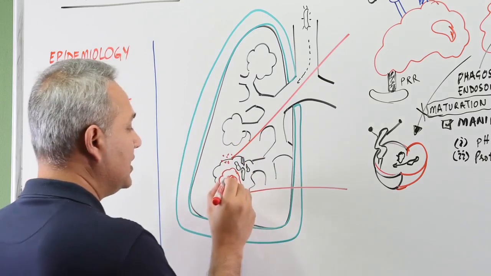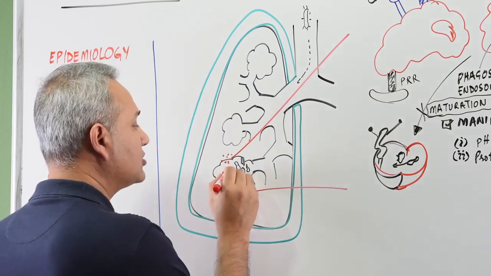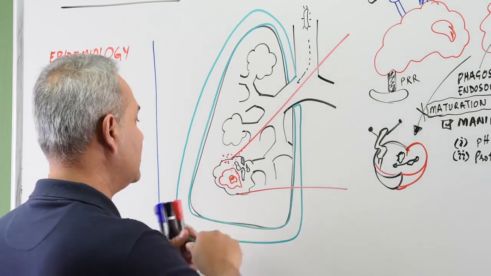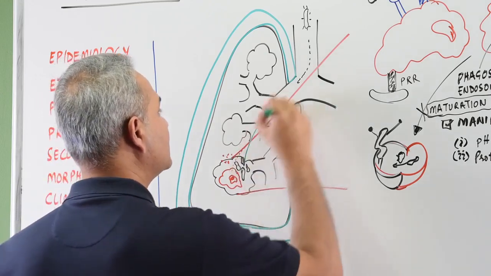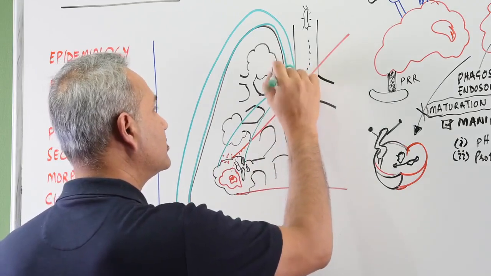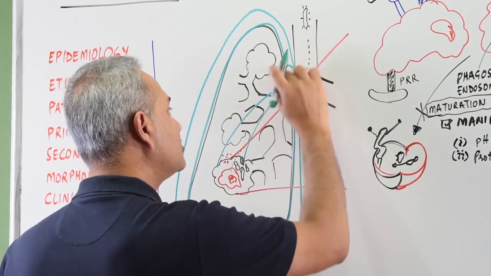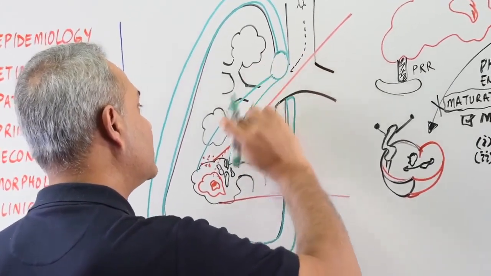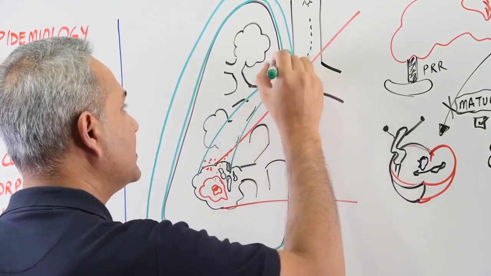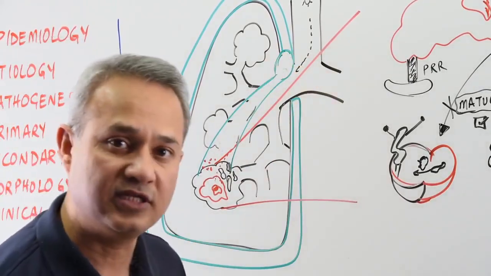Number two, the macrophage is now going to start going in the lymphatics, and through the lymphatic channel, it is going to bring this pathogen to the lymph nodes. Why is it going to bring it to the lymph node? It's going to bring it over there to say, look what I got, I have a pathogen, let's fight this pathogen. So let's say this is the lymph node. Who lives in the lymph node?